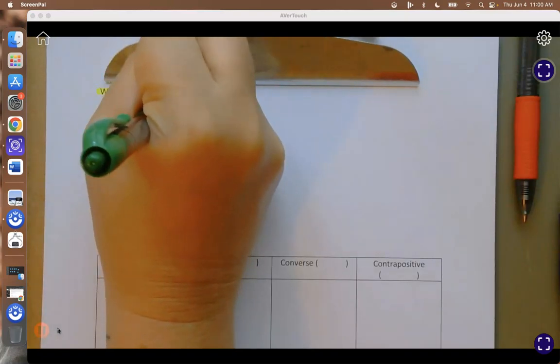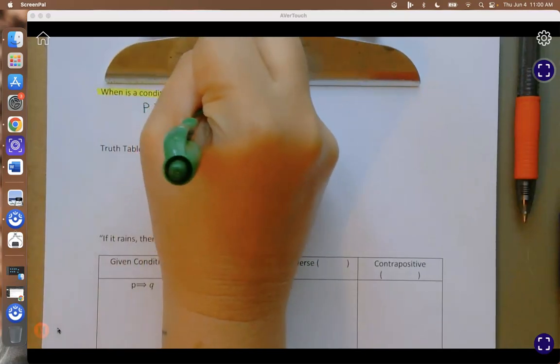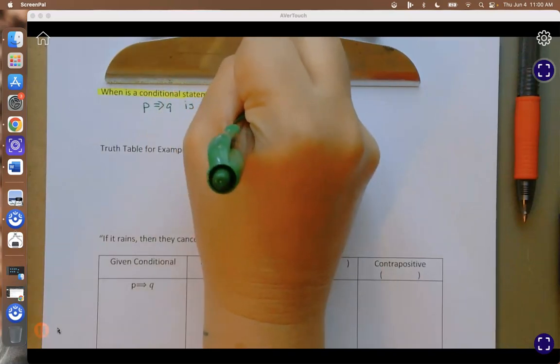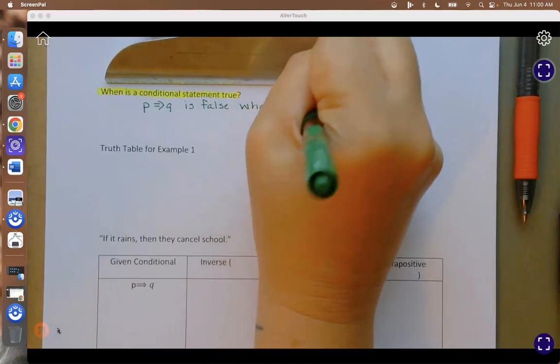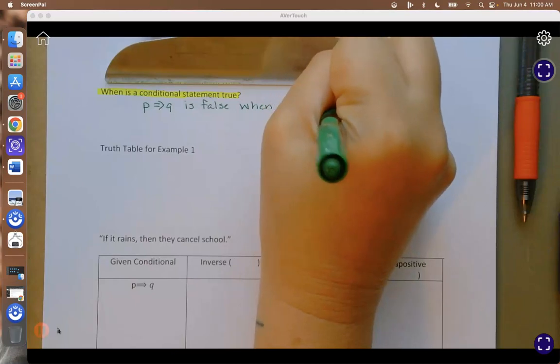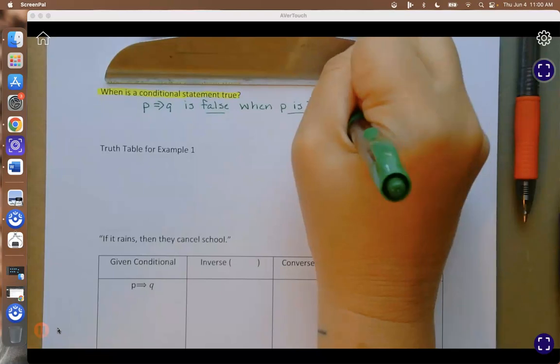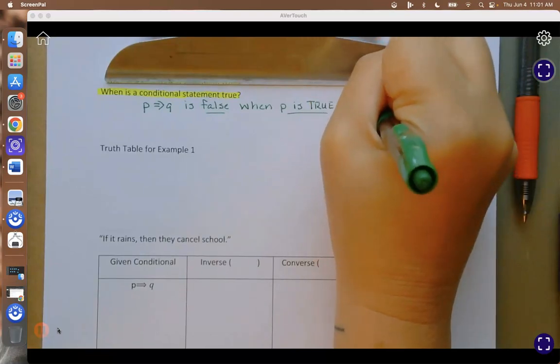P implies Q is false when P is true and Q is false.